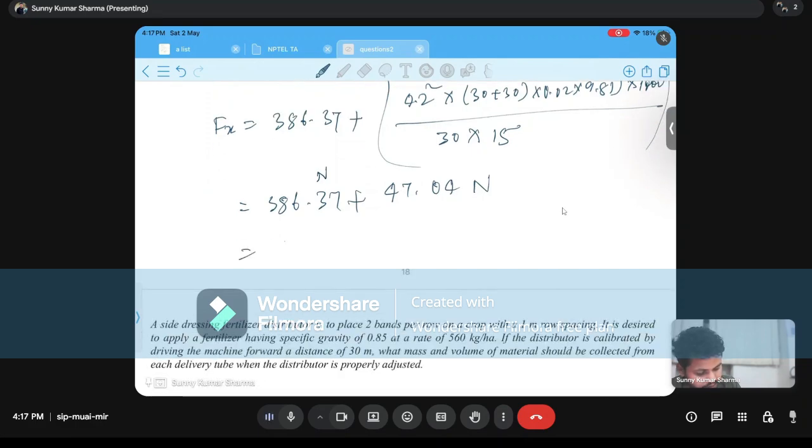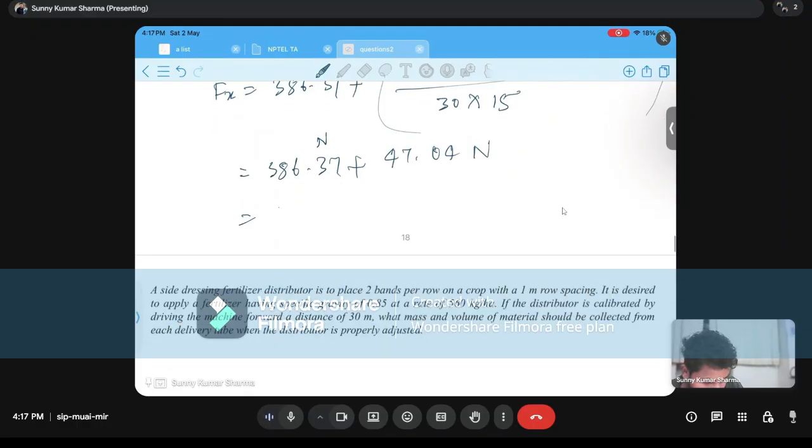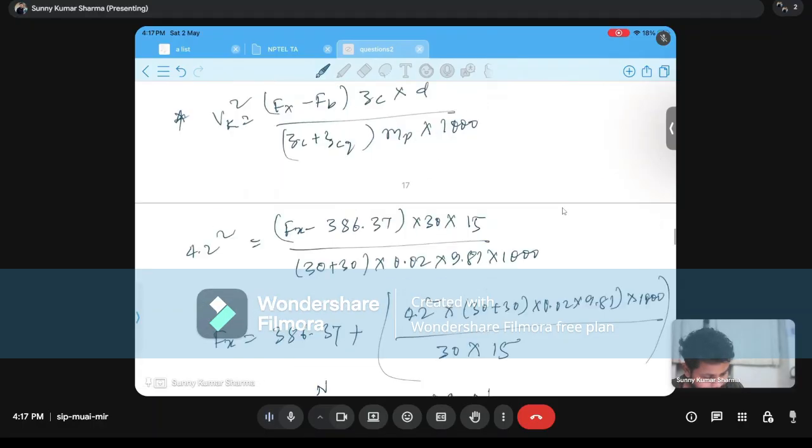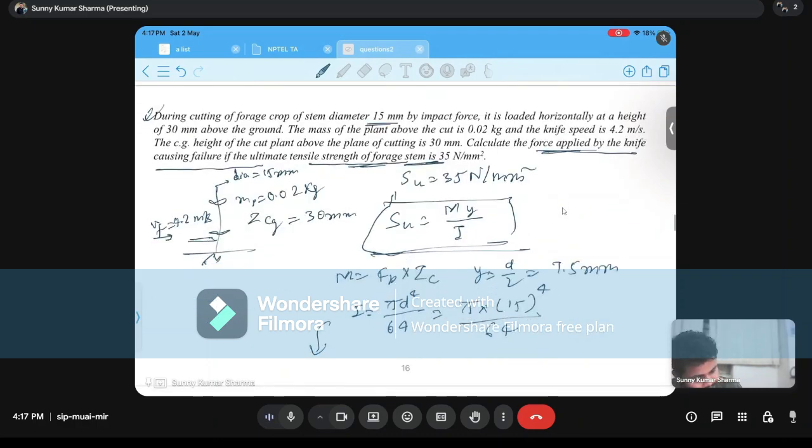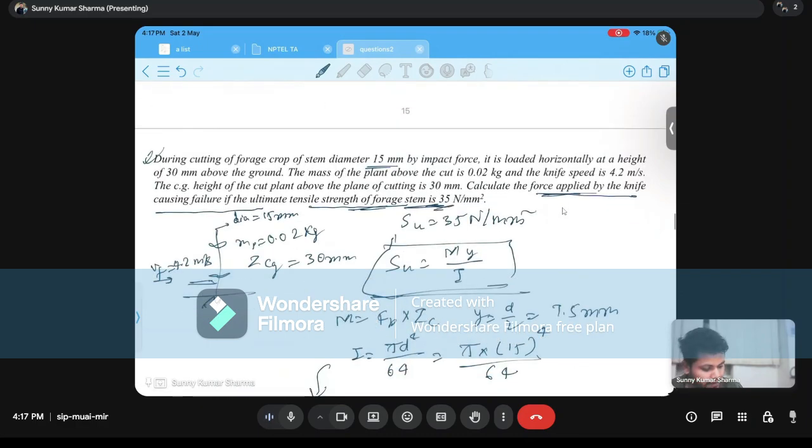So total cutting force will be equal to 386.37 plus 47.04, which is equal to 433.41. Approximately 433.41 Newton is the force applied by the knife to cause the failure if the ultimate strength is 35 Newton per mm square.